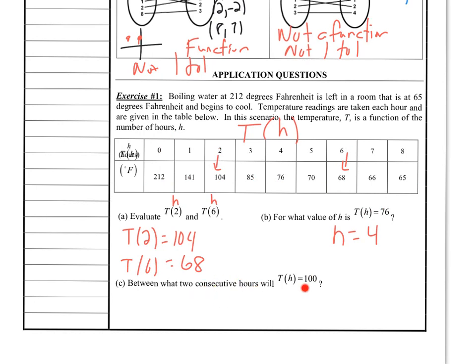Consecutive means one after another. So 4 and 5, 6 and 7, 8 and 9, so on and so forth are consecutive hours. So where is 100 going to lie? Well, 100 is going to be right in between here. I'm noticing that it's dropping, so it's someplace in between those two guys. So I'm going to put a little line right here. That's where 100 happens, which is between the hours of 2 and 3.